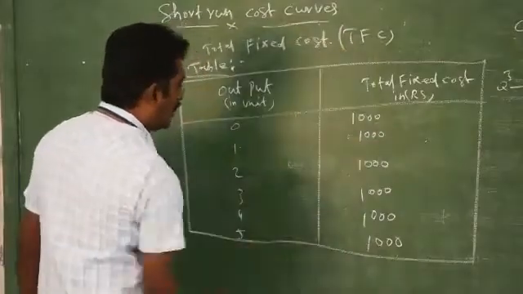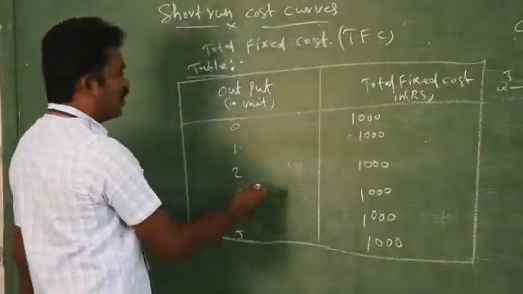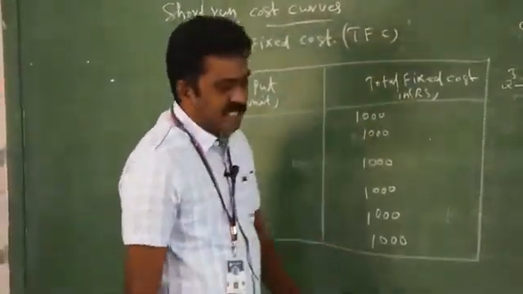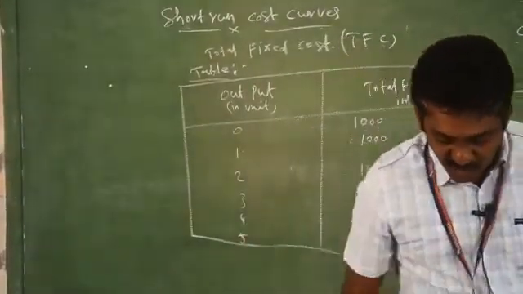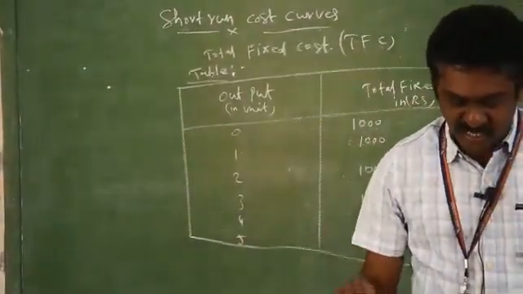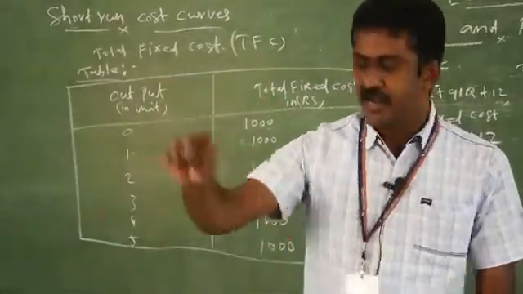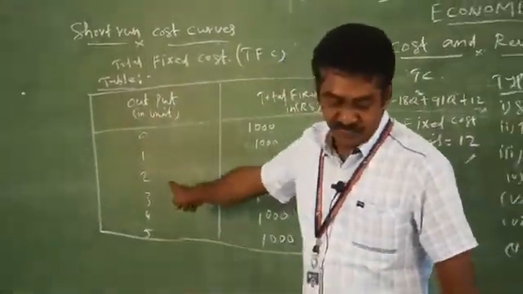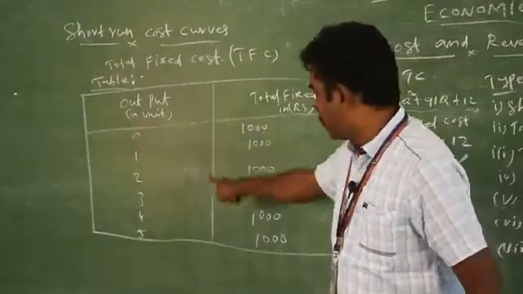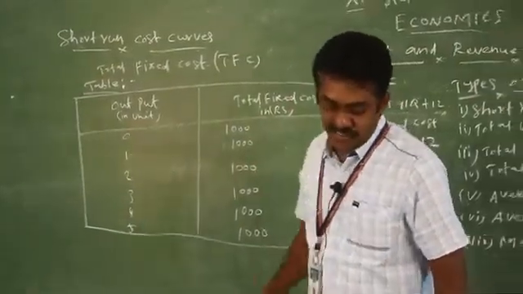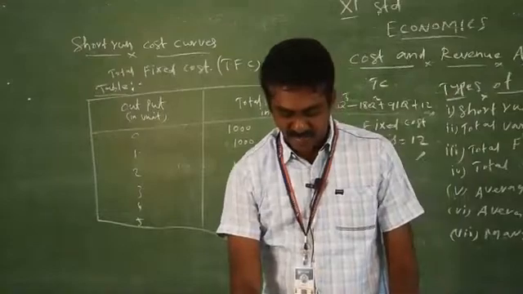For every unit of output, the total fixed cost is 1000. That's why I told you that the total fixed cost does not change with the output. Even when output is 0, the fixed cost is 1000. So it is shown in the diagram.